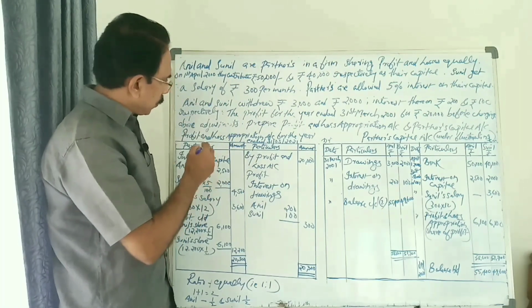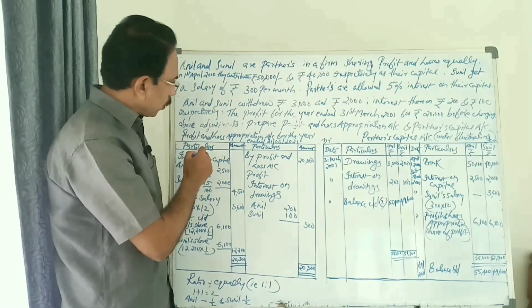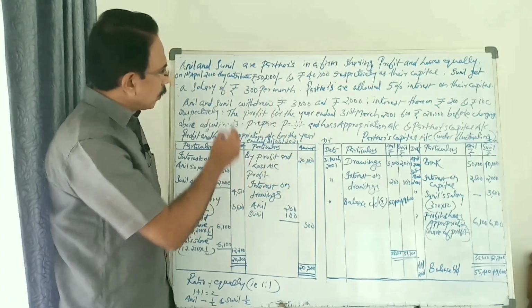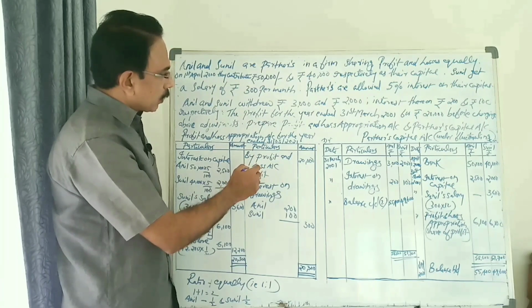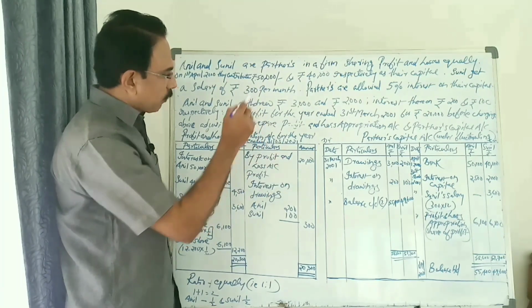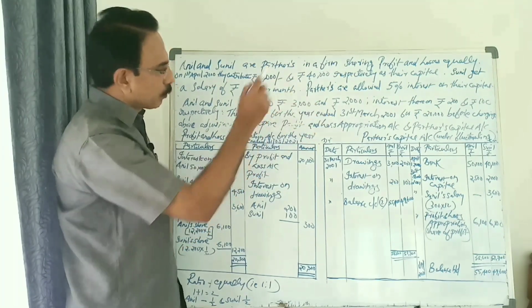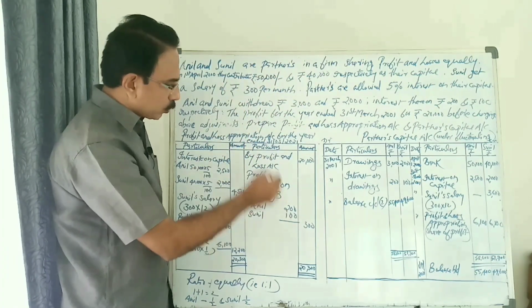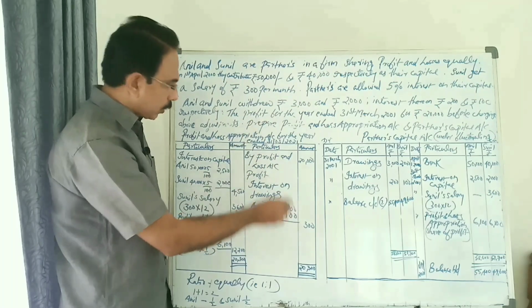There are two columns: particulars and amount, then particulars and amount. First, on the credit side, by profit and loss account, that is profit rupees 20,000. Then interest on drawings, Anil rupees 200, Sunil rupees 100, total 300.